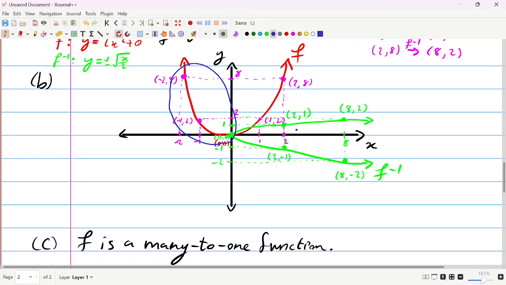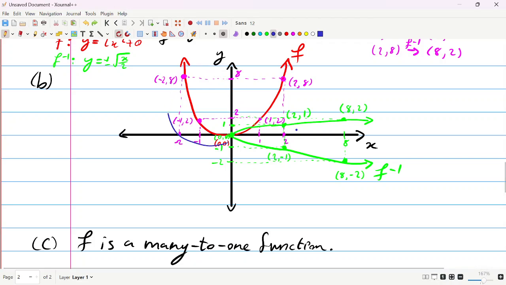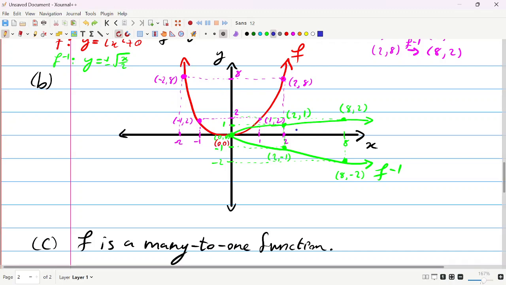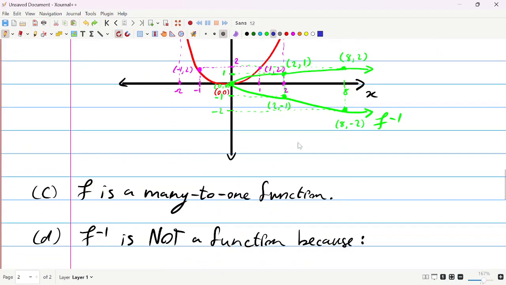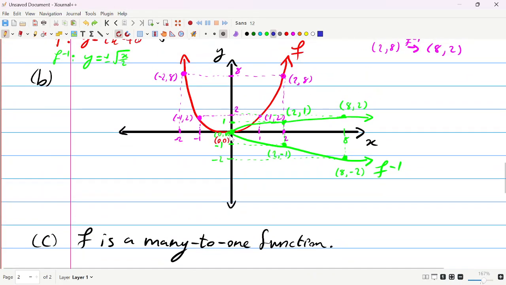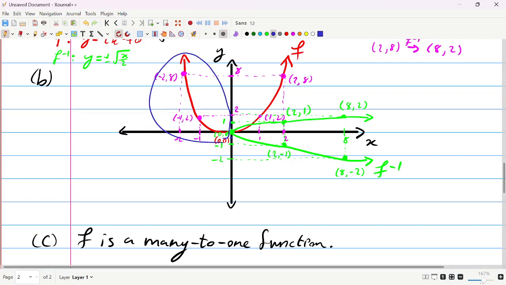Meaning we need to restrict the domain such that the only part that exists is one arm of the parabola. When x is less than or equal to 0, then we only have this region. Does that make sense? And when we take the inverse, it should be a function.